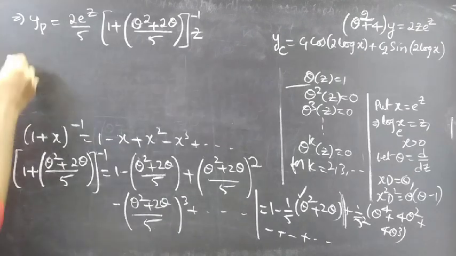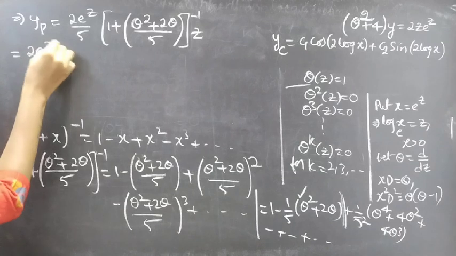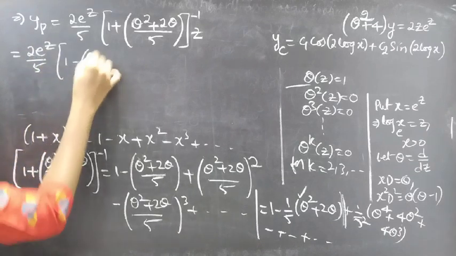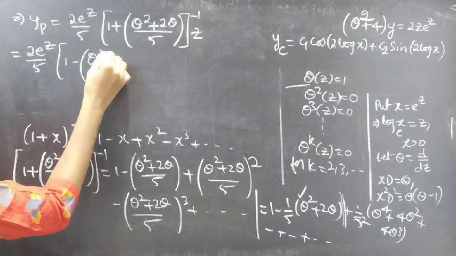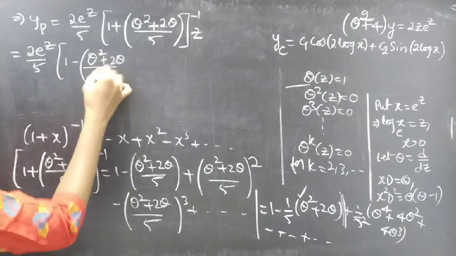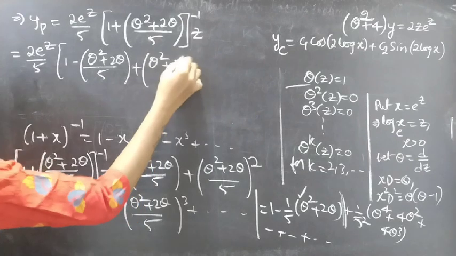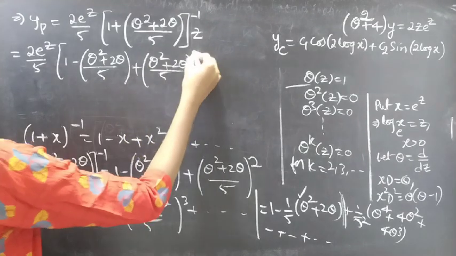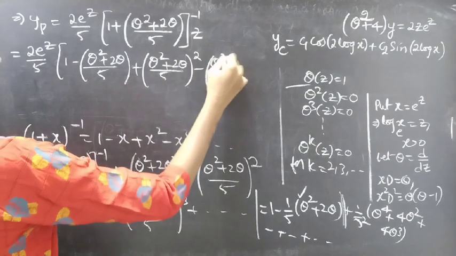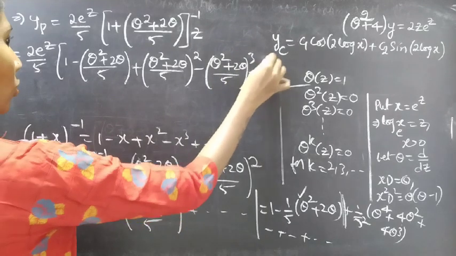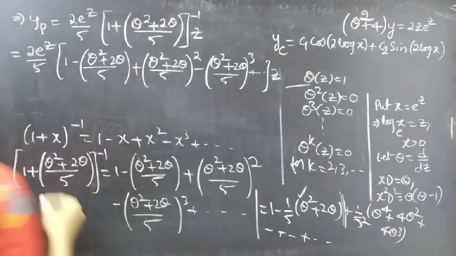Now coming to yp, this is equal to 2 e power z by 5 into (1 minus (theta square plus 2 theta) by 5 plus ((theta square plus 2 theta) by 5) whole square minus ((theta square plus 2 theta) by 5) whole cube plus so on) into z, right?